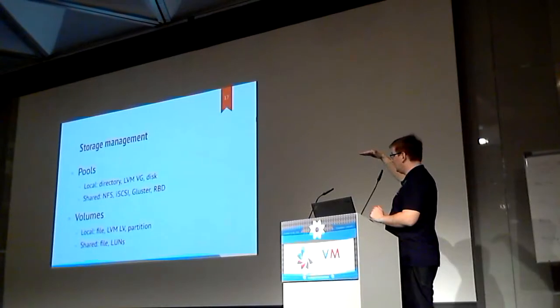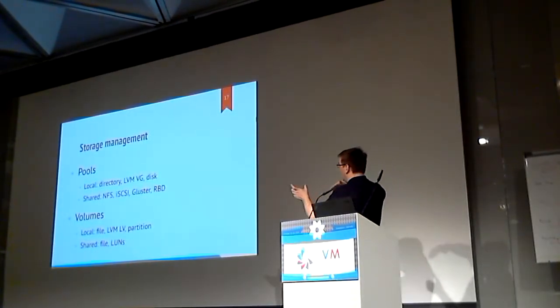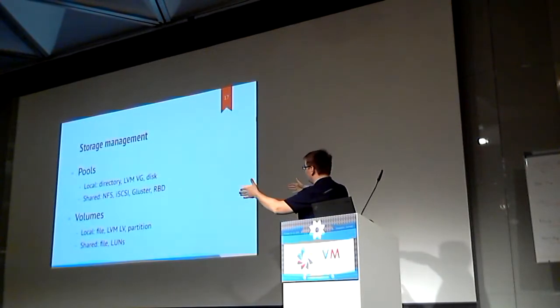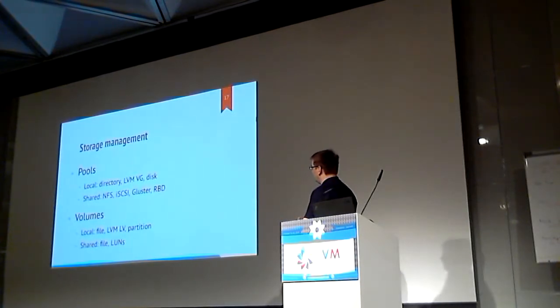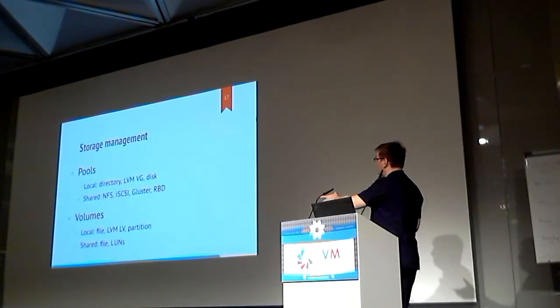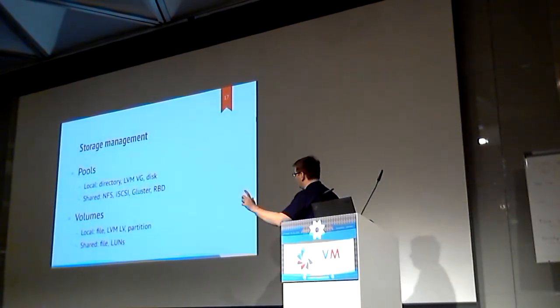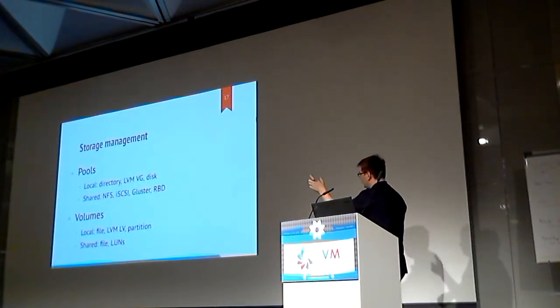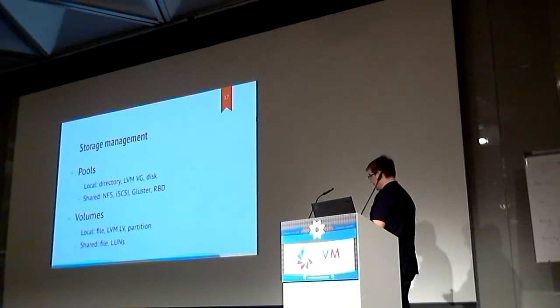The first one is local, and the other one is shared. So, for instance, if you have a directory as a pool, then it's local with files in the directory as its volumes, or you can have an LVM volume group as a pool with logical volumes as its volumes, or you can have a disk with partitions and stuff like that.